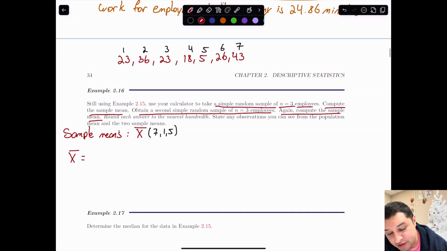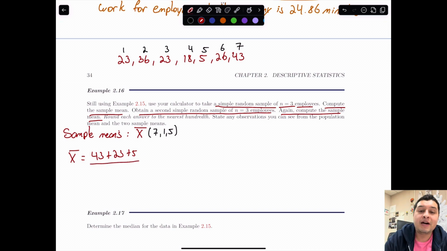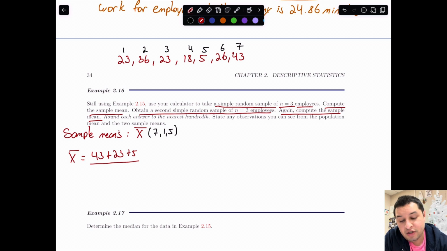The 7th position is 43. So 43 plus the number 1, which is 23, and the 5th one, so plus 5. And we're going to divide all of this by the number of items in our sample. Since we have 3 of them, we divide by 3.